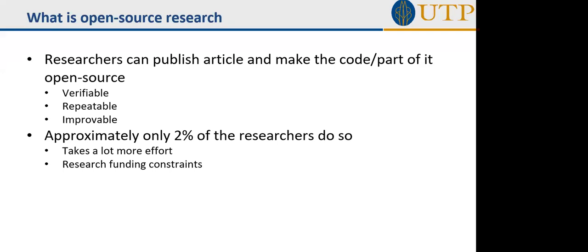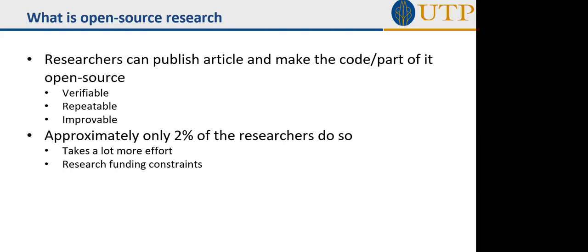Moreover, many research supervisors are constrained by their research funding. They have to publish multiple articles to satisfy the milestones of their research funding. And if they do open source research, somebody can use their code and also do research in the same direction.